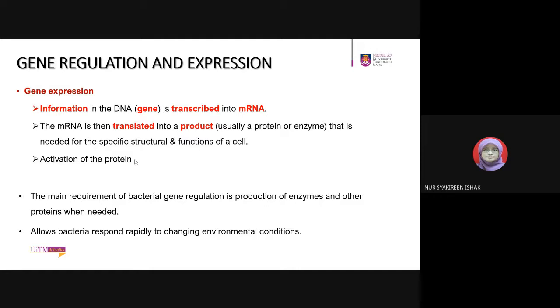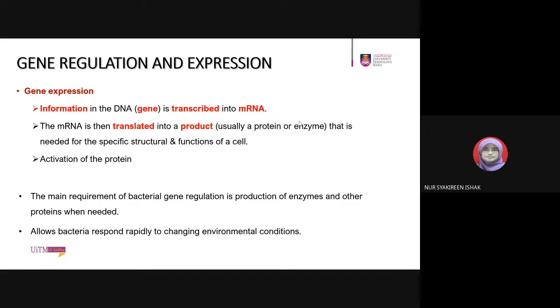So it says here, information in the DNA, which is the gene that codes for the synthesis of a specific protein, is transcribed into mRNA. The mRNA is then translated into a product. The product is protein, and this protein can be an enzyme, it can be hormones, or other proteins that are needed by the body.